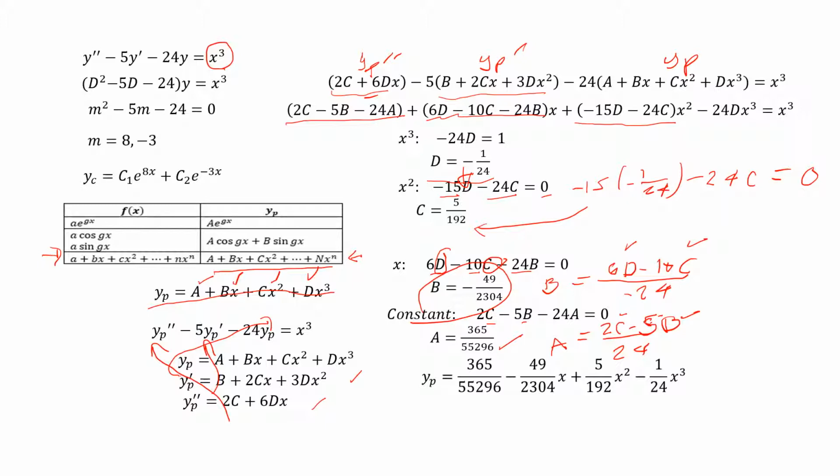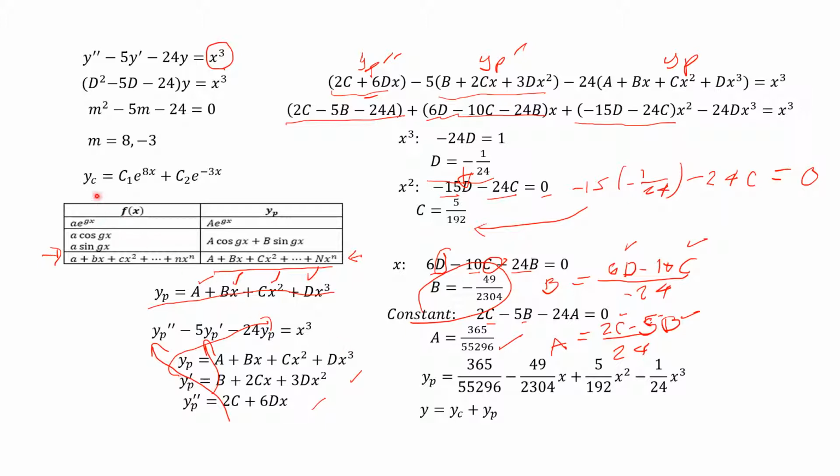Your particular solution is what? Yp is 365 over 55296 minus 49 over 2304x plus 5 over 192x squared minus 1 over 24x cubed. And therefore, your y is just the same as y sub c plus y sub p.